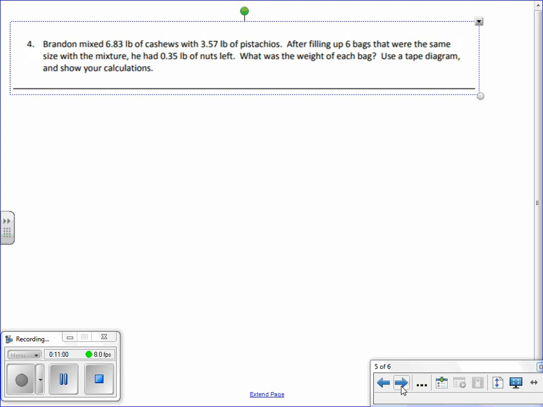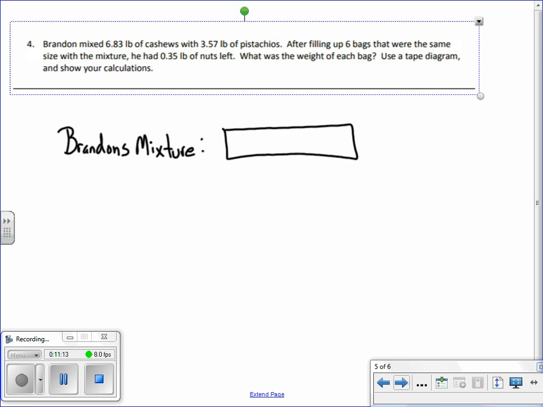Okay, so we've got Brandon's mixture. We know first that he has 6 and 83 hundredths pounds of cashews. We know second that he has 3 and 57 hundredths pounds of pistachio.